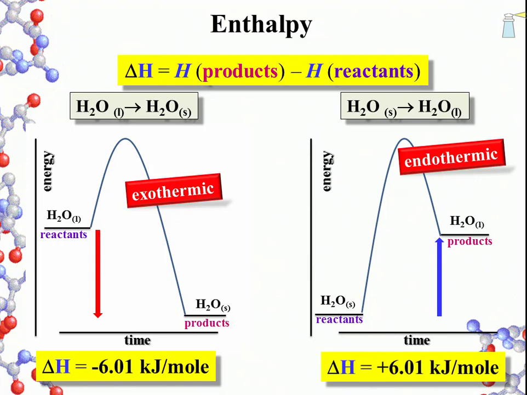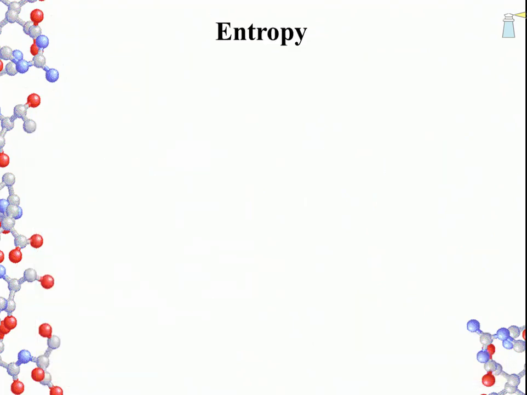According to the law of conservation of energy, energy cannot be created or destroyed. The gain of heat in one direction is equivalent in size to the loss of heat in the other direction. Our understanding of enthalpy will be an outline for the discussion of the other state functions, beginning with entropy.